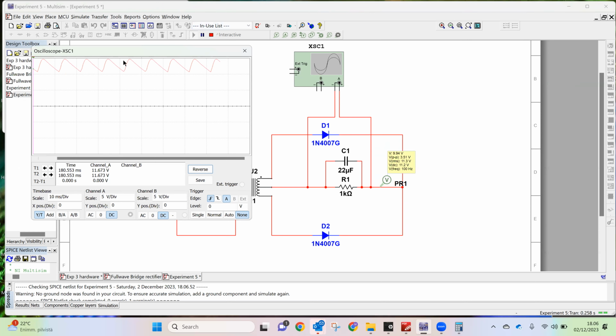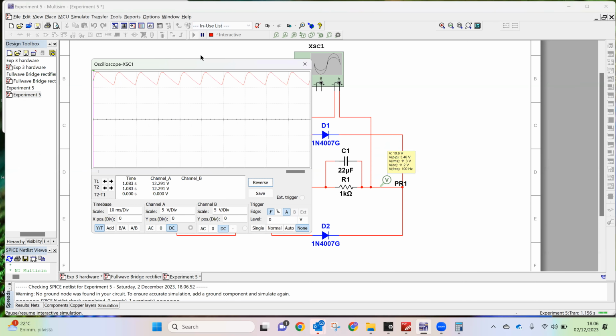So yes, now you can see that the ripples are reduced, and you can check the amplitude of the ripples with the cursors. One cursor here and another cursor at the peak. 3.9. So it means this reduced the ripples.